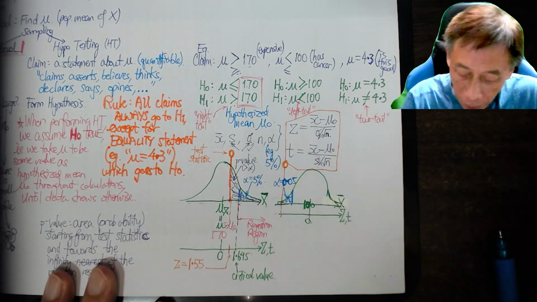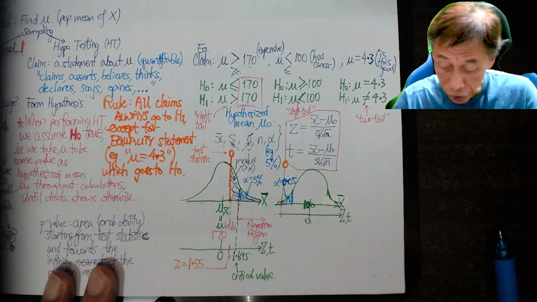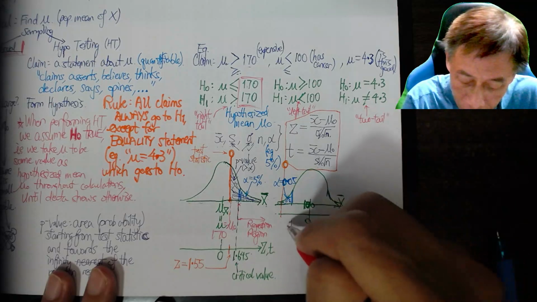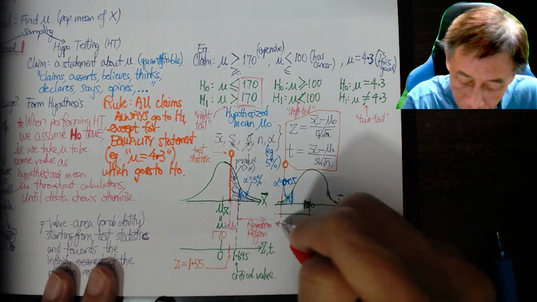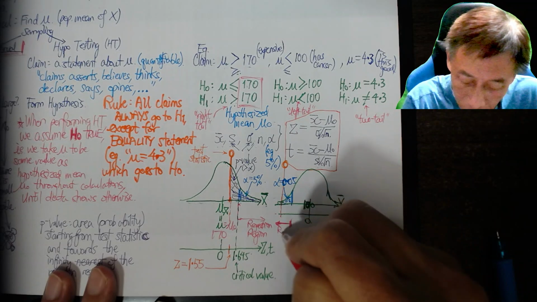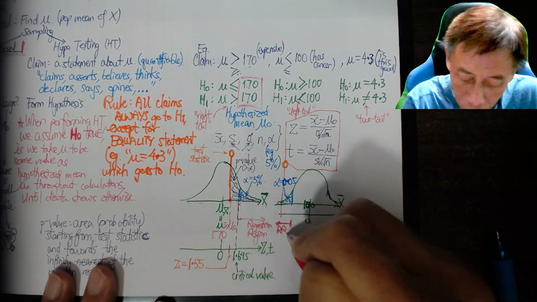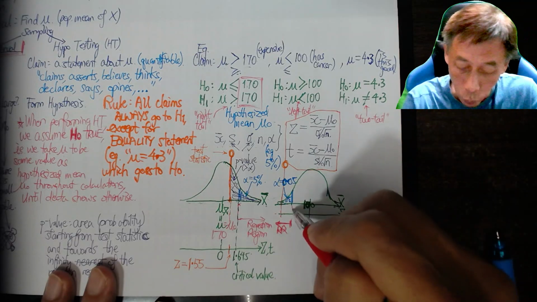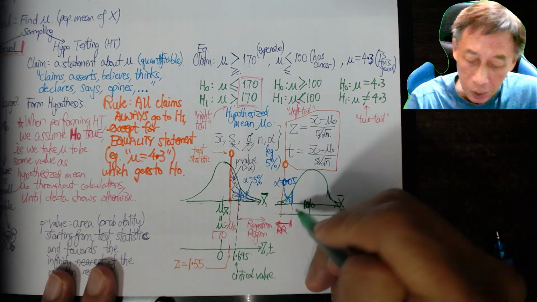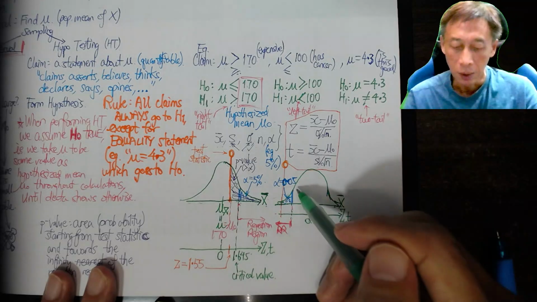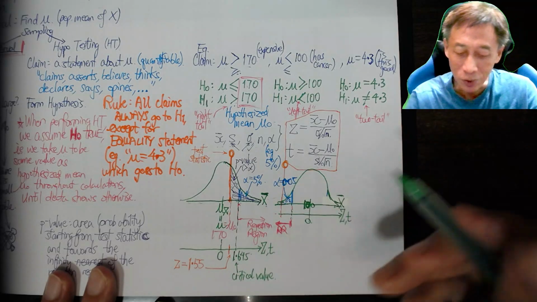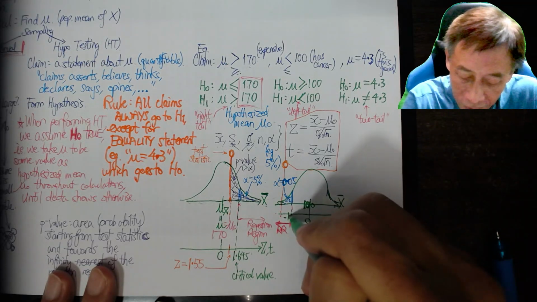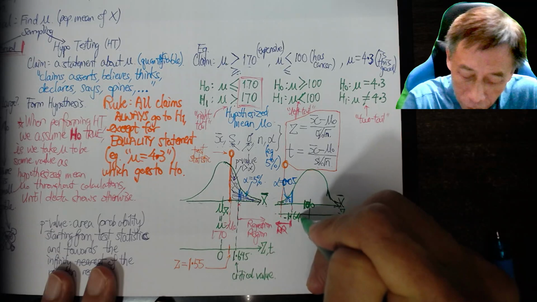Okay, number one, the rejection region is going to be here and to the left, right? The rejection region. Number two, the critical value will be, because it is still 5%, the value is 1.645, but since it's to the left of the zero, it's going to be negative 1.645.